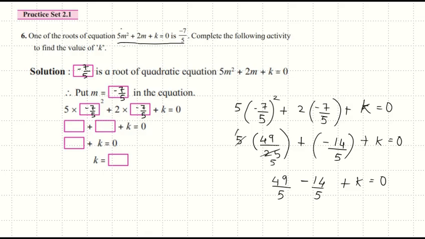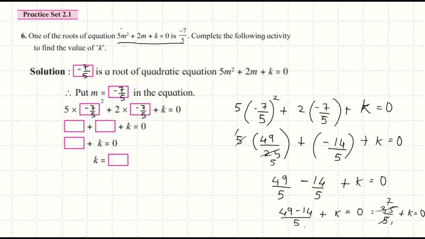Therefore, 49 minus 14 upon 5 plus k is equal to 0. Solving this, 49 minus 14 is 35 upon 5 plus k is equal to 0. 5 sevens are 35.